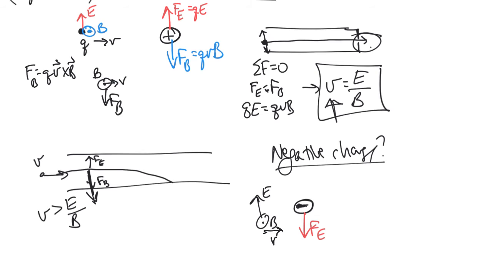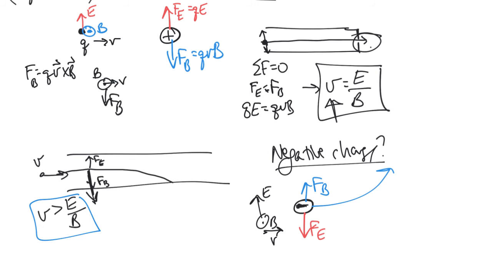If your V is this way, your magnetic force gives you down, but then if it's a negative charge, then it will be up. So you get exactly the same relationship for positives or negatives. It's just the actual directions of the forces are flipped, so that V greater than E over B for a negative charge would deflect up.